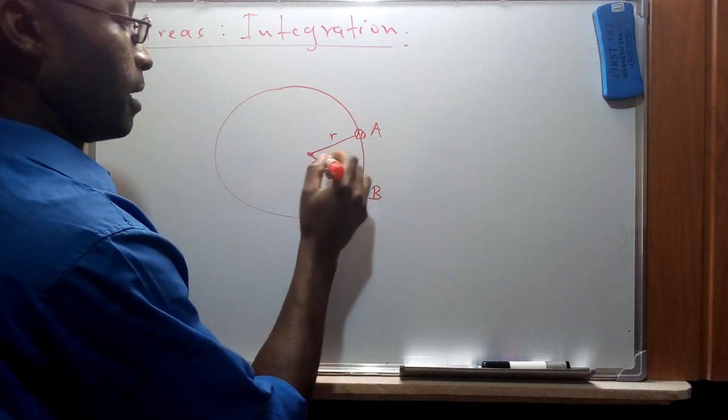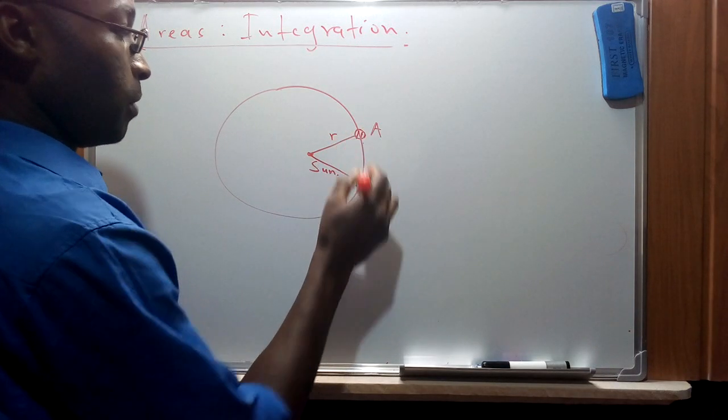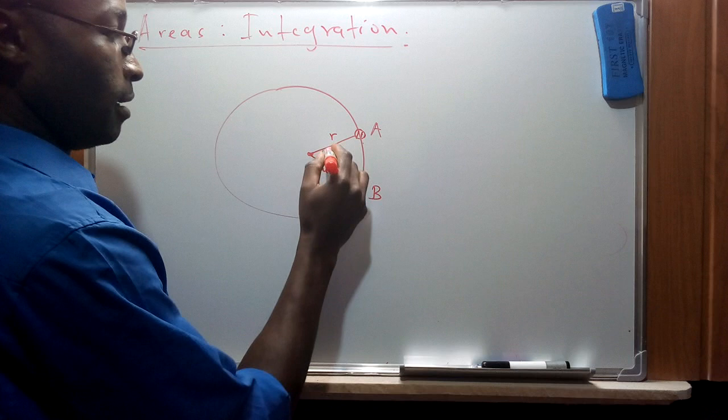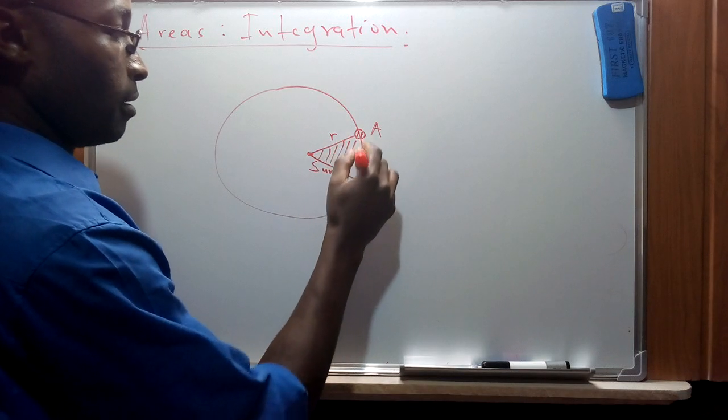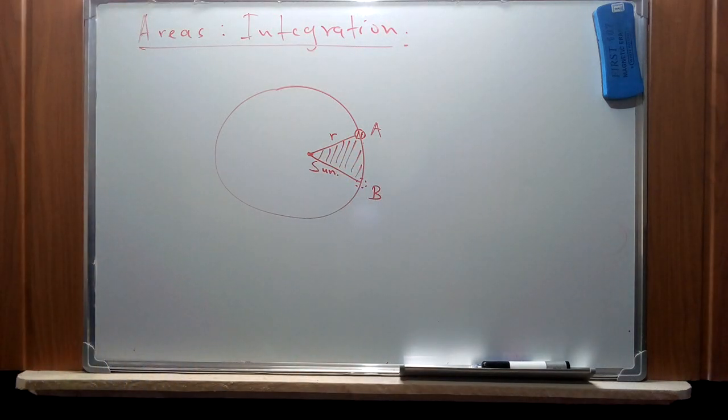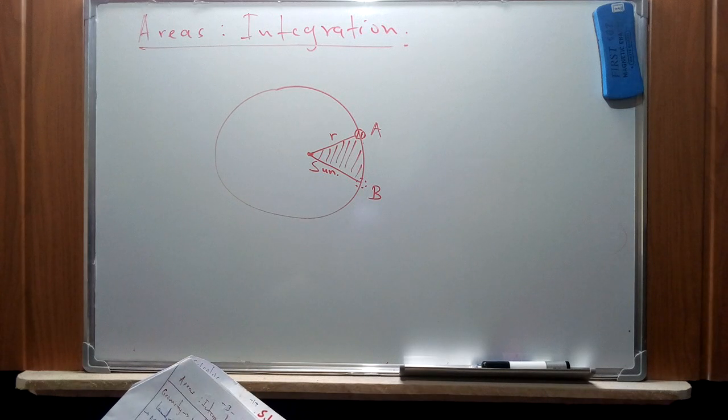For the line R, if this planet moves from point A to B, this line will have swept the area that is shaded as I've done. So this argument was that the speed of this planet as it orbits varies in such a way that a line joining the planet to the sun sweeps out equal areas in equal periods of time.